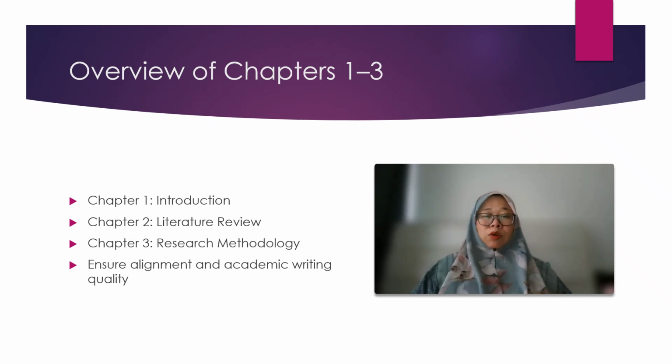So the most important requirement is the alignment, in which your problem statement, your objective, your research questions, the literature themes, and the methodology must connect logically. You must also ensure that your writing follows the required academic format that has been set by the university.